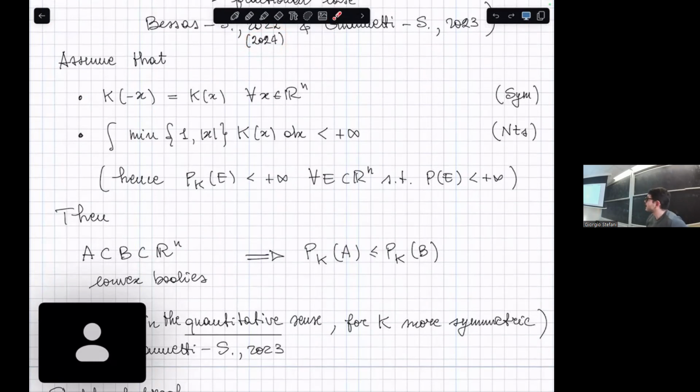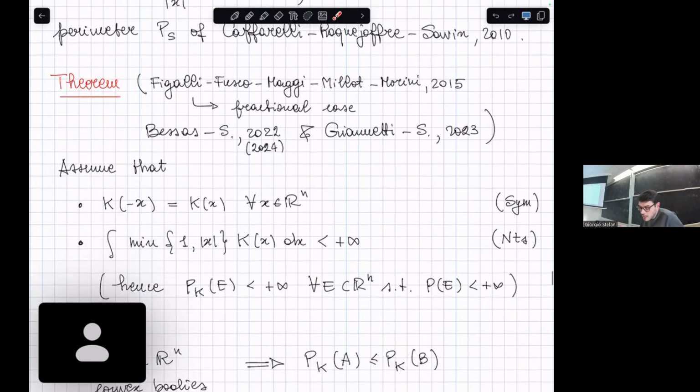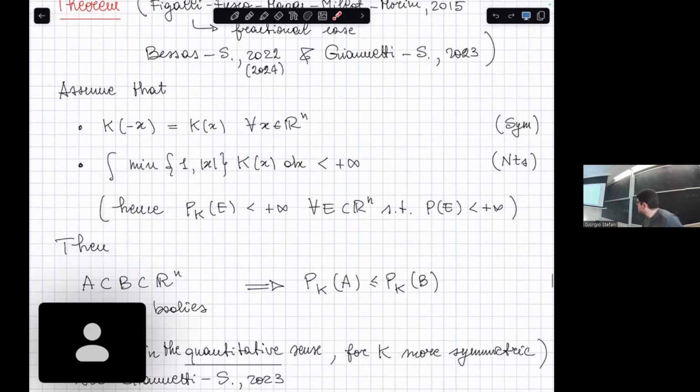So I don't care about, say, being non-invariant with reflection or something like that. So I will assume that it's symmetric. In this sense, this is not very relevant, because if you give me a kernel, then I can do every computation for the symmetrized kernel, okay? So we'll take this new kernel and do all the computations for that kernel, and it will essentially be the same. So this is not a real assumption, actually something that you can always assume.